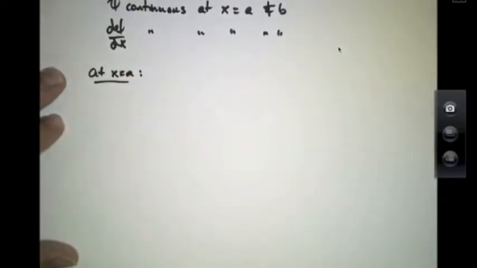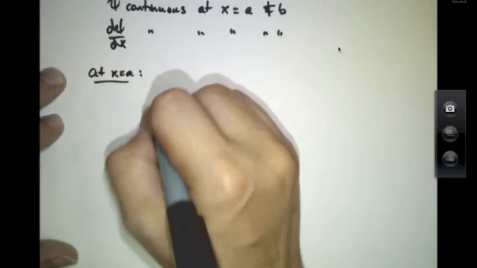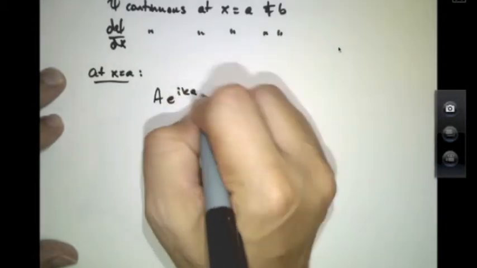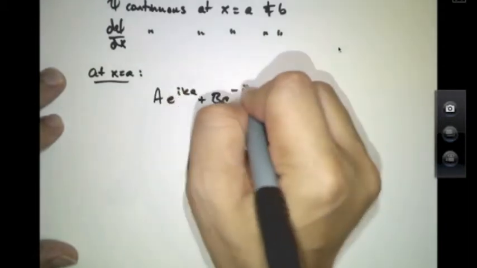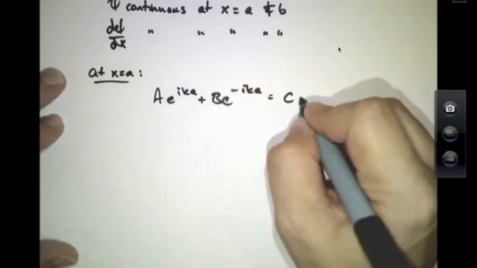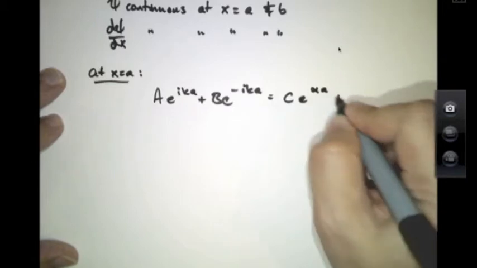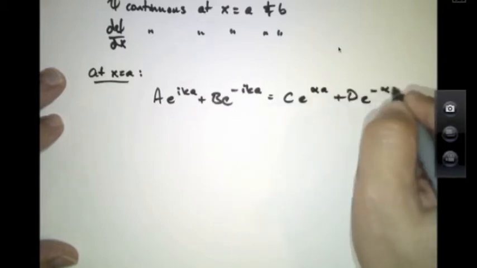So at x equals a, the two conditions are a e to the i k a plus b e to the minus i k a equals c e to the alpha a plus d e to the minus alpha a.